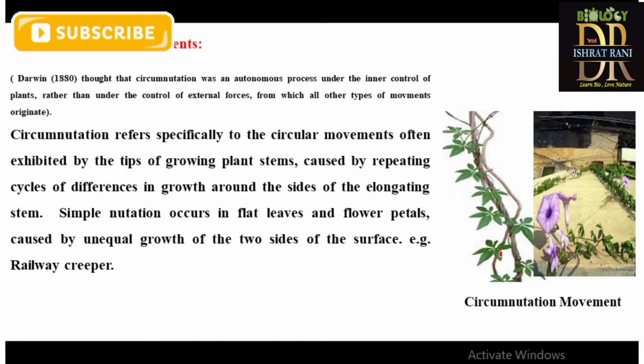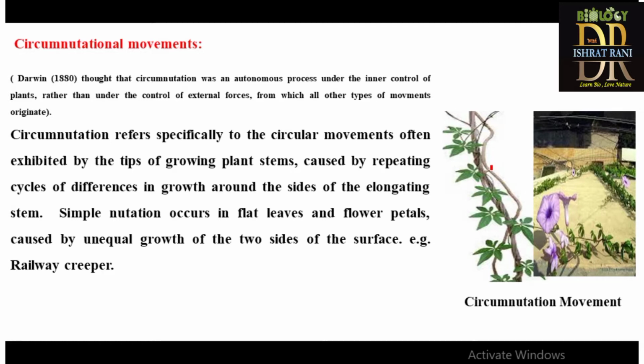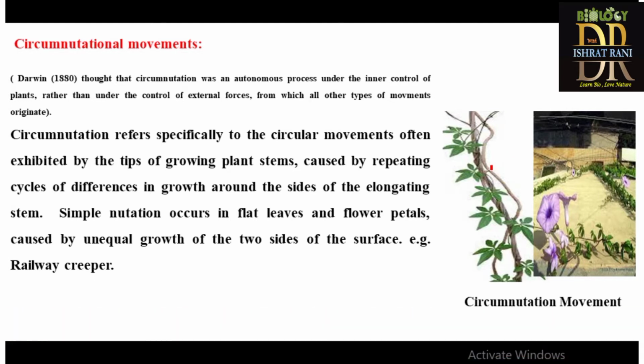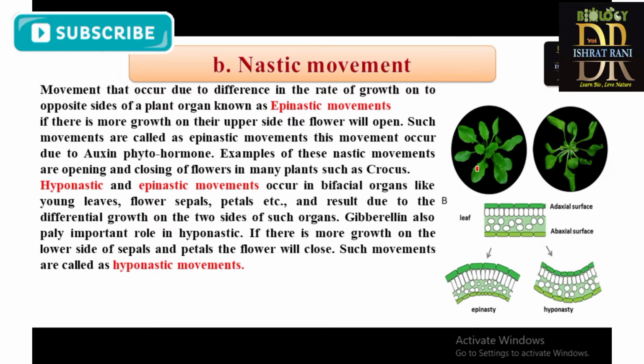Its stem or tendril is twining around that support. This is called circumnutation, and in 1880 Darwin thought that circumnutation was an autonomous process under the inner control of the plant rather than under external force.